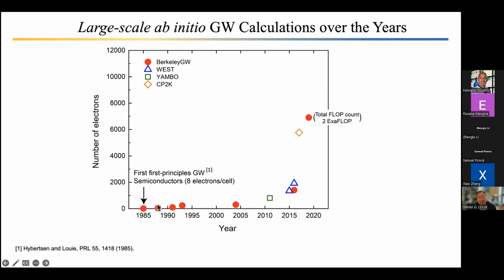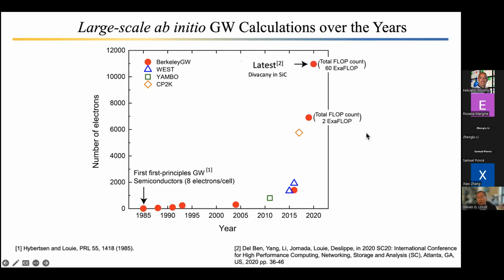These are looking into the literature and just look at what the biggest system one has been able to compute over the years. You see that in the 1980s, we could only calculate a system like silicon or gallium arsenide, so it involves about 8 electrons per unit cell. But nowadays, we could get to systems with thousands and even tens of thousands of electrons.